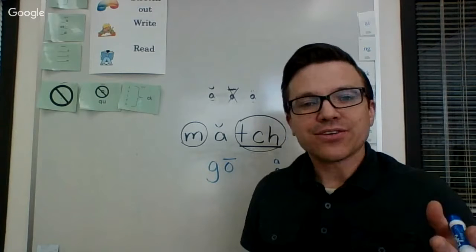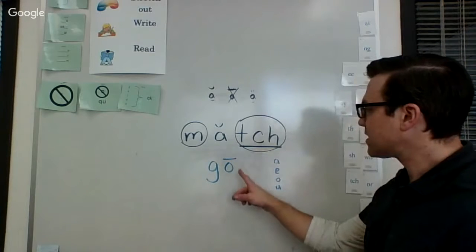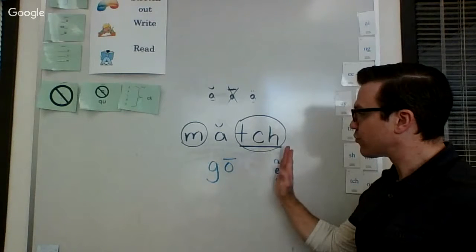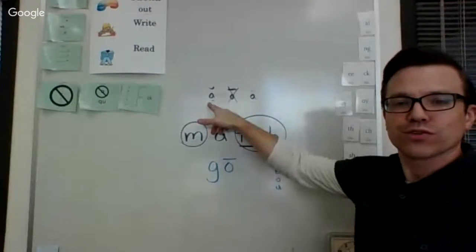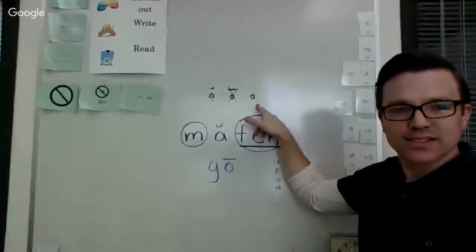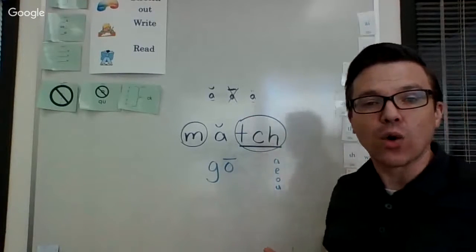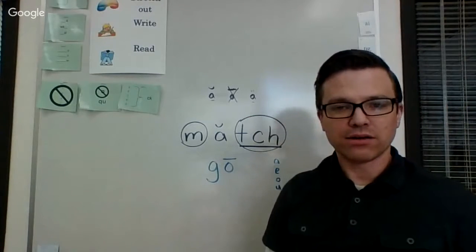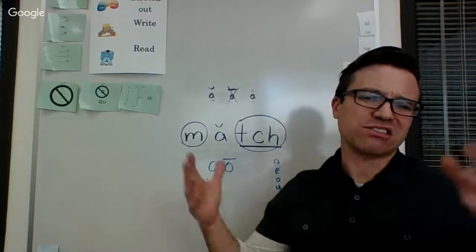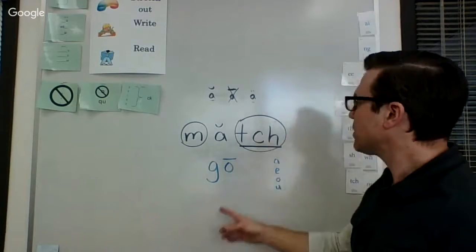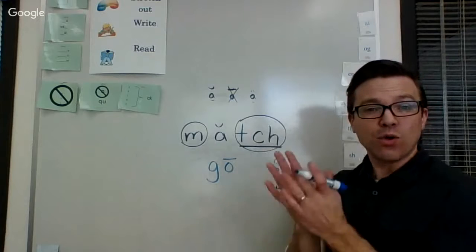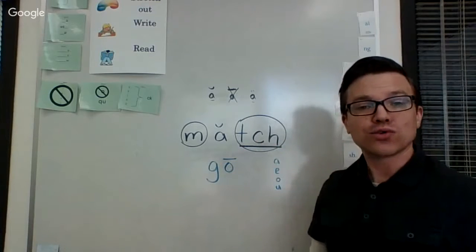Now, they say their name because it's open. There's no consonant next to it to close it in, to force it to say its short or first sound or its broad sound. Okay, so that's why we say go and not ga, right? So I want you to know the reason, not just, I know that word, that's go. I want you to know the reason why. It's because it's open. There's no consonant closing it in.